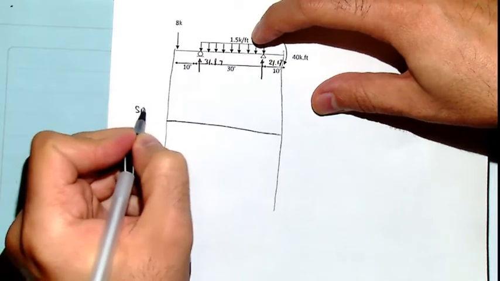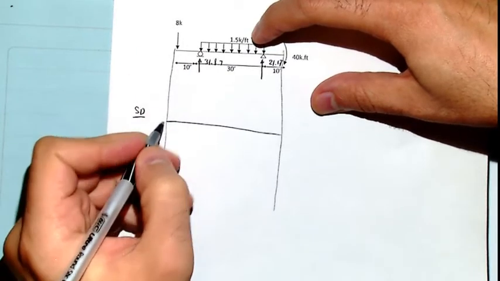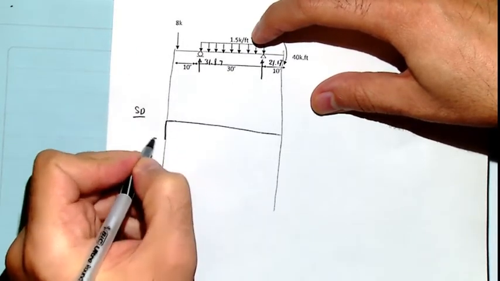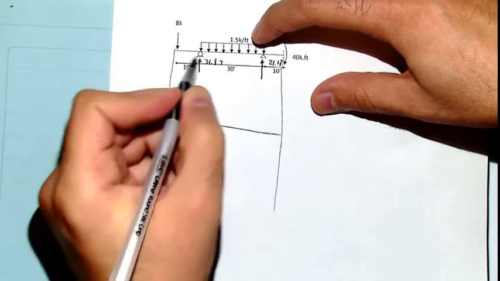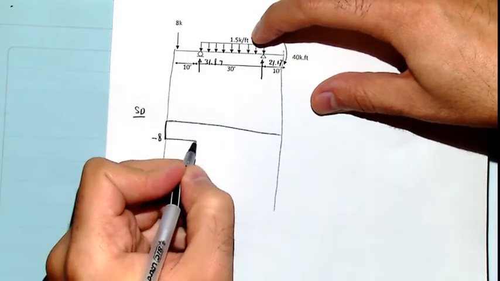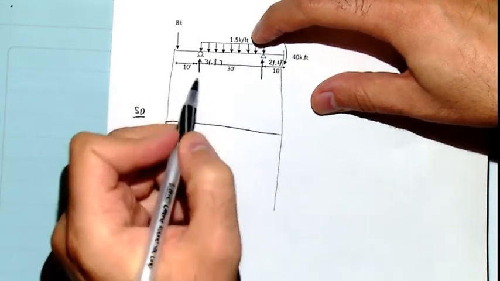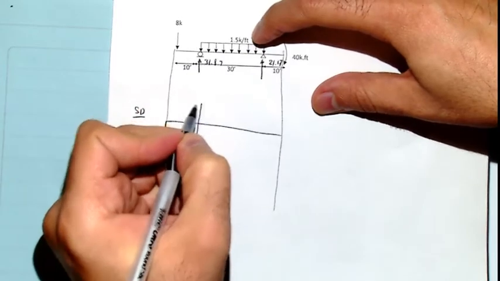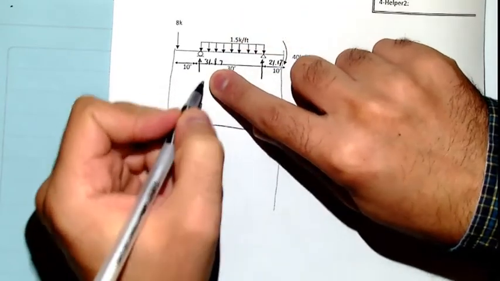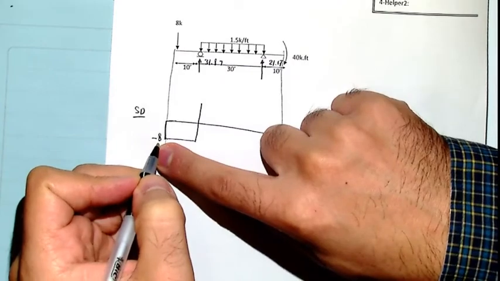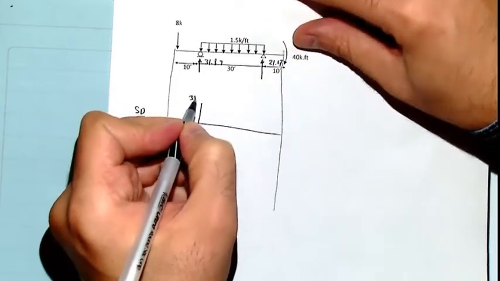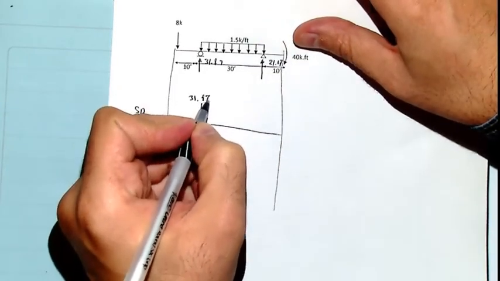For the shear diagram, it's going downward, so I have to go down, follow that, minus 8. There is no load in between, so it's straight. The concentrated reaction goes up, 31.87 should be added to this one, so we're going to reach 31.87.